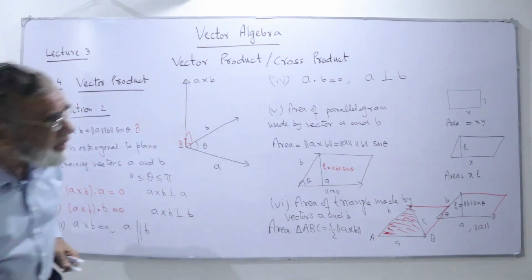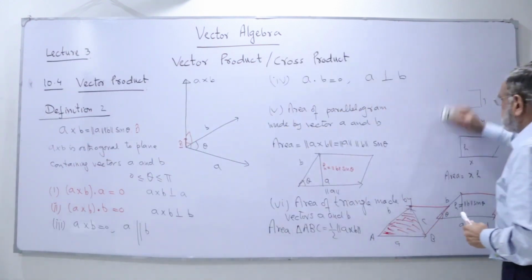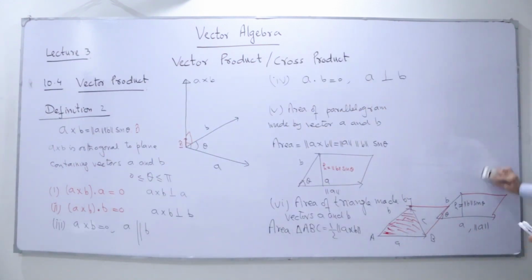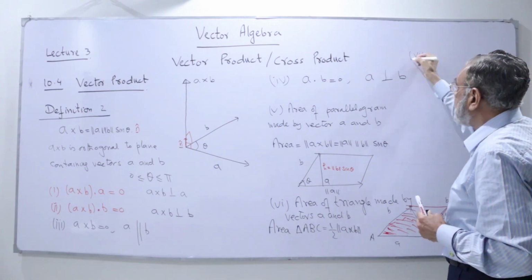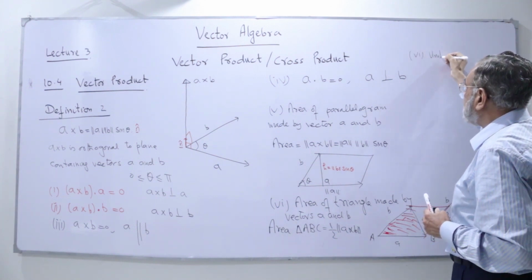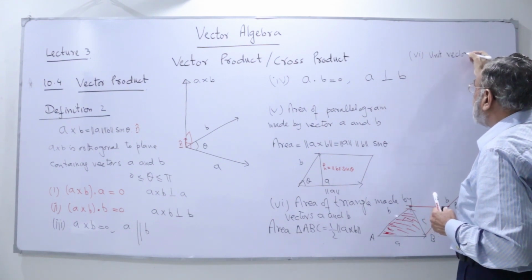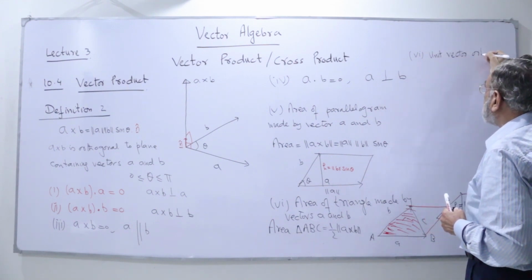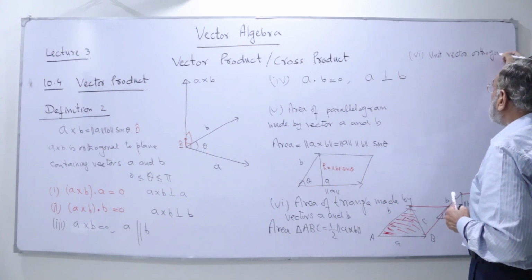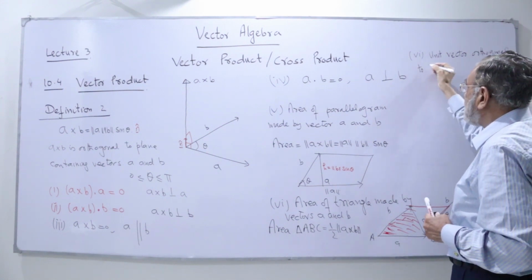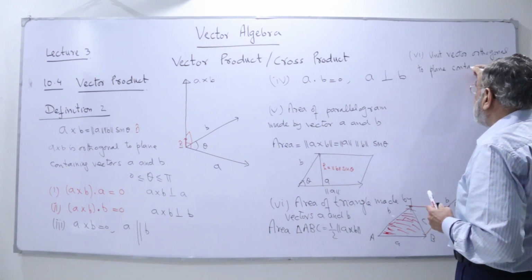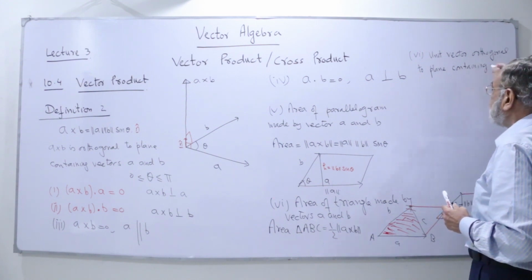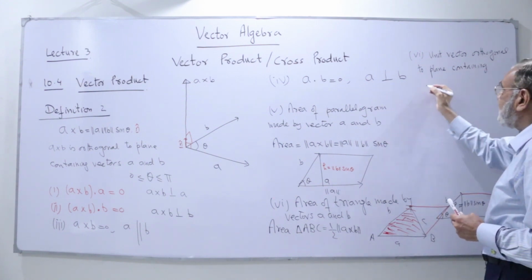So I have the plane containing A and B, and I want to find number 7, the unit vector orthogonal to the plane. This is a very important concept because we'll be using this one in coming articles.